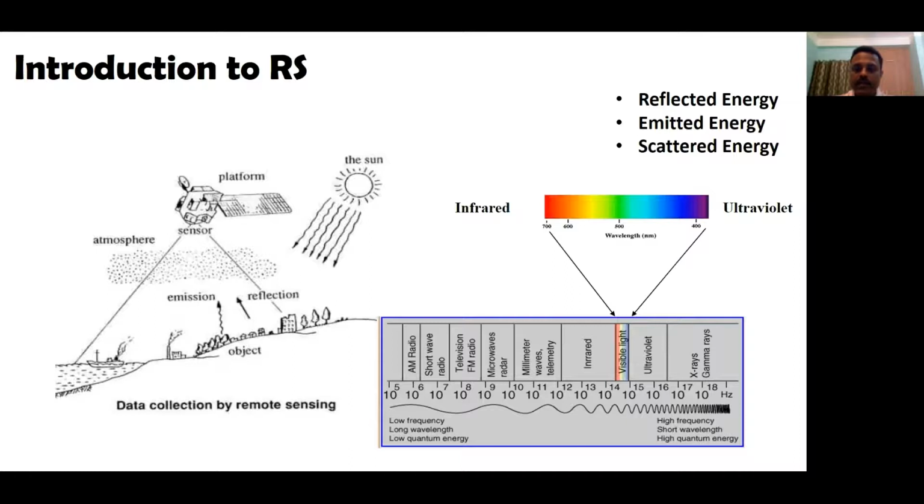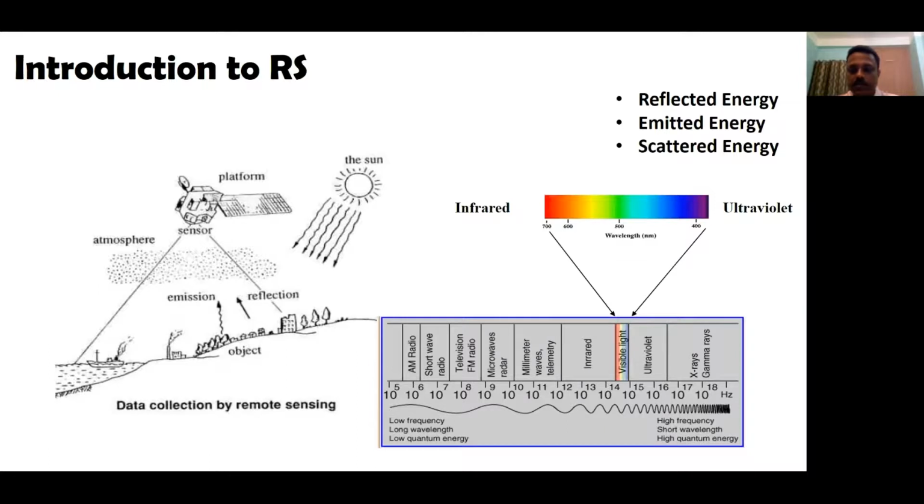When these waves are being emitted from the sun, they come in a range, which we call the spectrum of waves. That means these waves have various wavelengths. These wavelengths start very small in size, and then gradually the wavelengths get bigger and bigger.